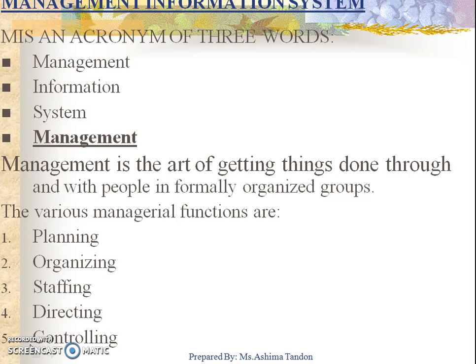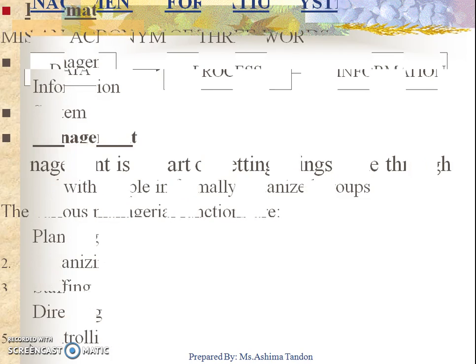Management, as you all know, is simply the art of getting things done through and with the people in formally organized groups. In simple words, I would just say that management is managing men tactfully. That means, as a manager, I should have tactics to get the work done through people. The various managerial functions are planning, organizing, staffing, directing, and controlling.